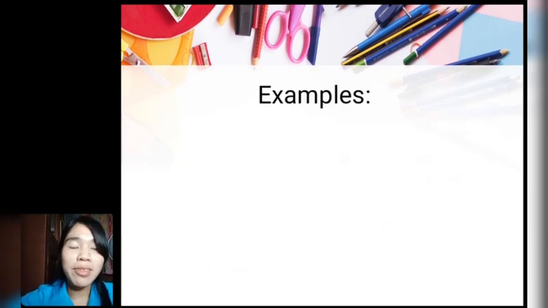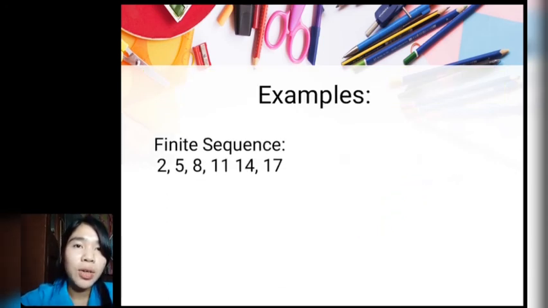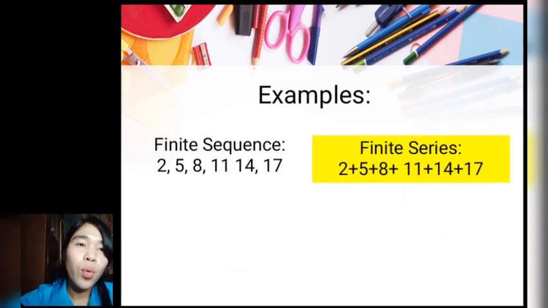Now let's have some examples. When we have the finite sequence 2, 5, 8, 11, 14, and 17, in series we have 2 plus 5 plus 8 plus 11 plus 14 plus 17. So we just add all the terms of the finite sequence to get the finite series.